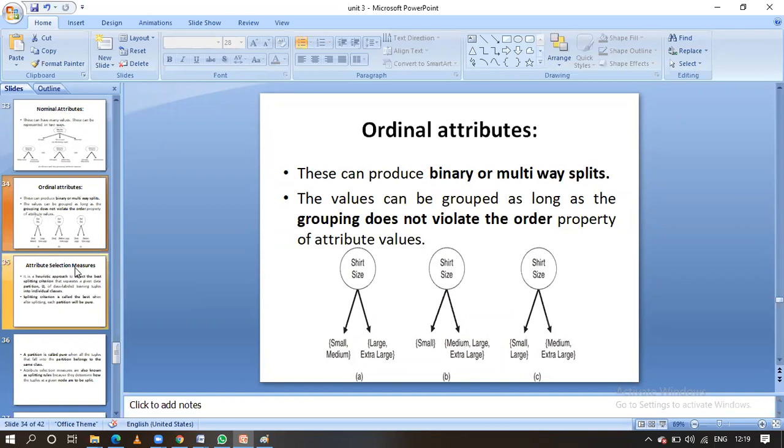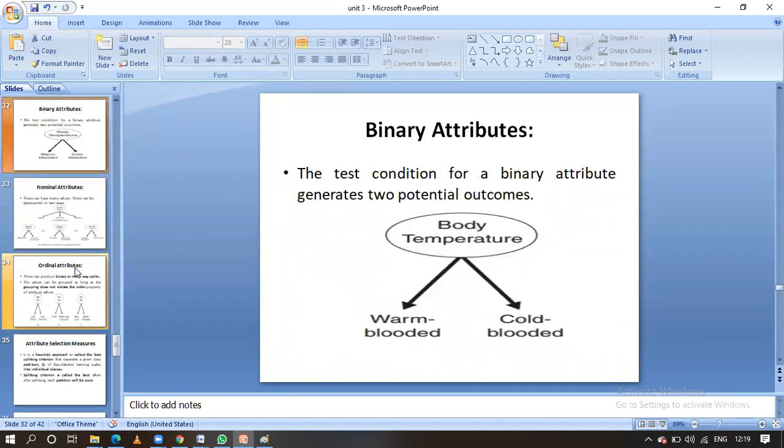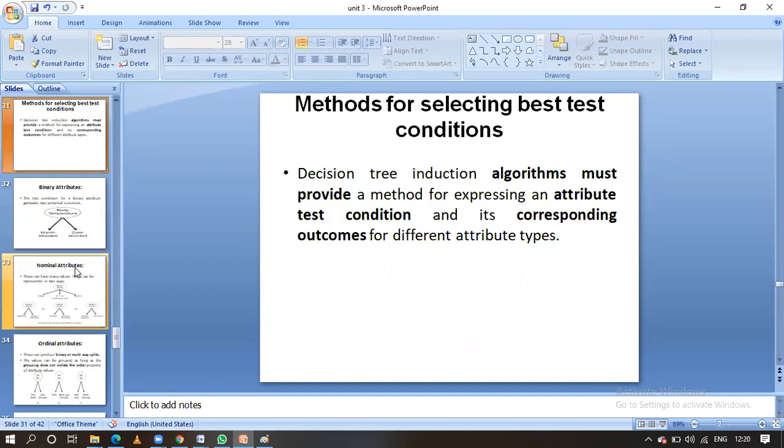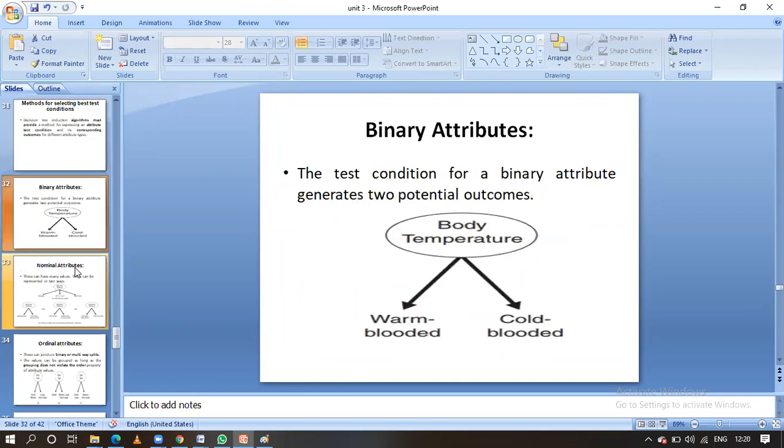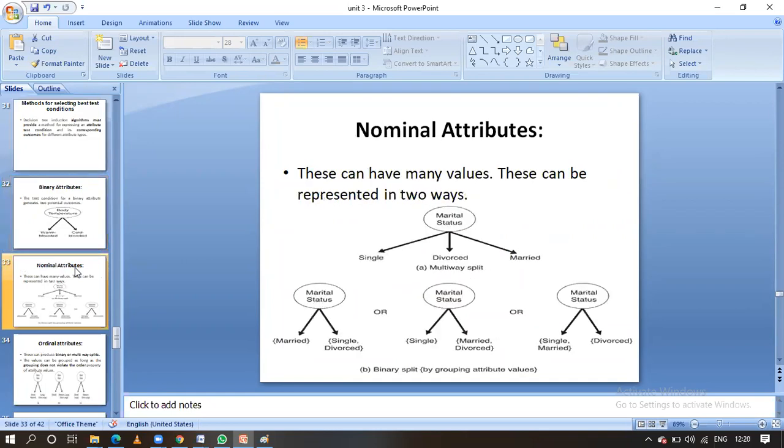Till now, what we have discussed, guys: classification, classification types, that is decision tree. We discussed the structure of the decision tree. The next one was the algorithm, and then, while constructing the decision tree, how the best splitting condition for the attributes is selected. Particularly for binary attributes and nominal attributes, how we split.